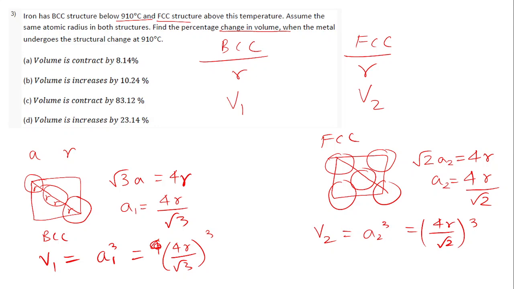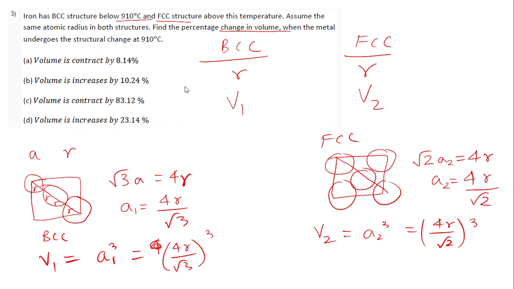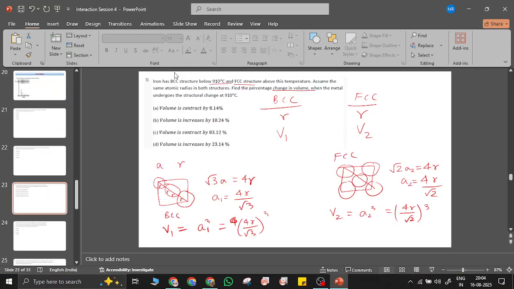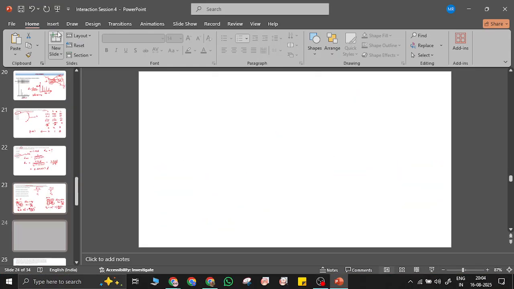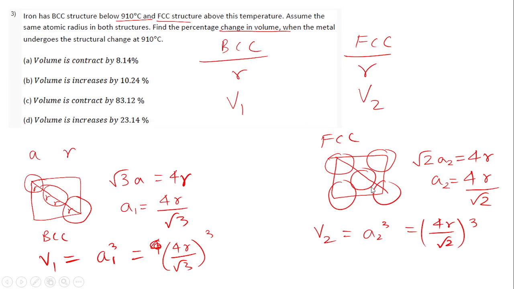Now one thing to notice is, this is the volume of the BCC unit cell, this is the volume of the FCC unit cell.